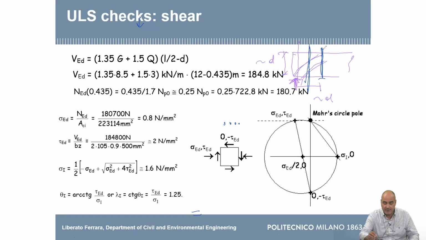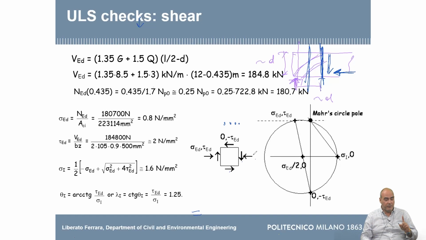So at this cross section here, you have a shear force, but you have also the pre-stressing action, 25% of it. So on the centroid, on the neutral axis, the sigma is non-zero. The sigma is a compressive stress due to the pre-stressing force. So you have a situation which is like this. It's not pure shear, but it's pure shear plus some compressive force.